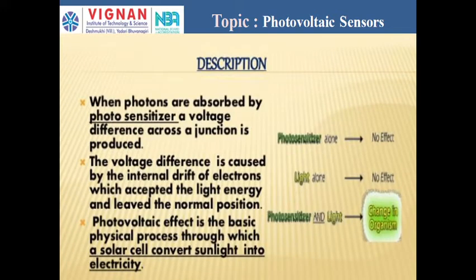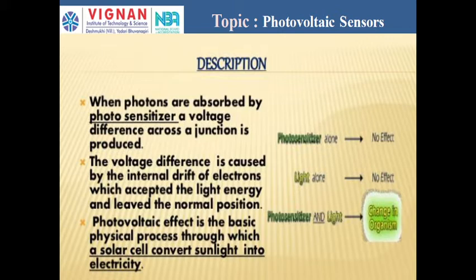So what is the actual process? Consider a photosensitive material alone: no effect will be there. Light alone: no effect either. When the photosensitive material and light are combined, it can produce some electrical voltage.